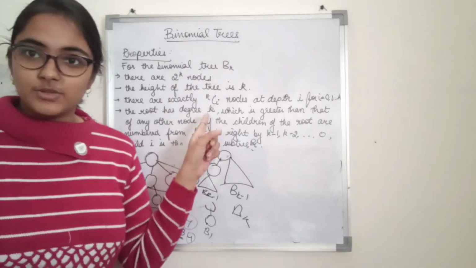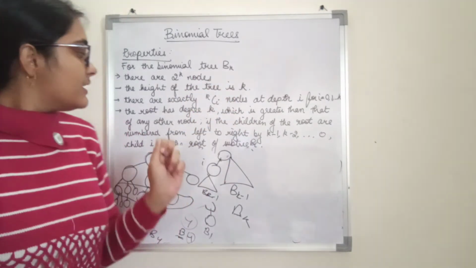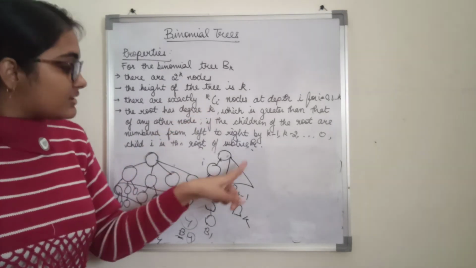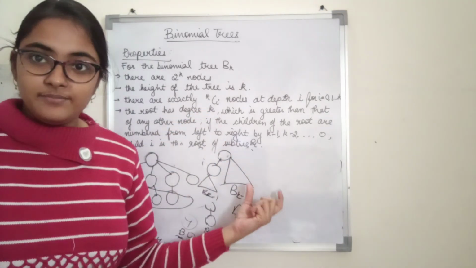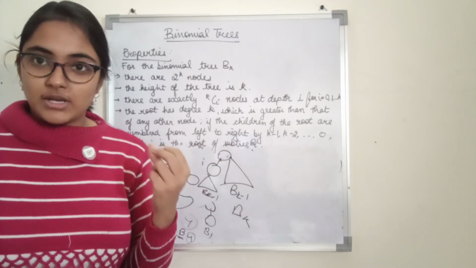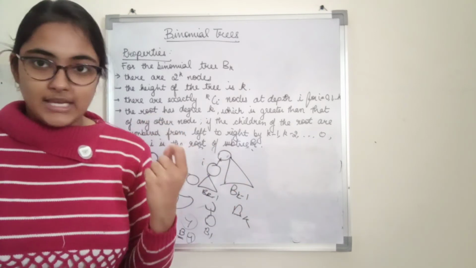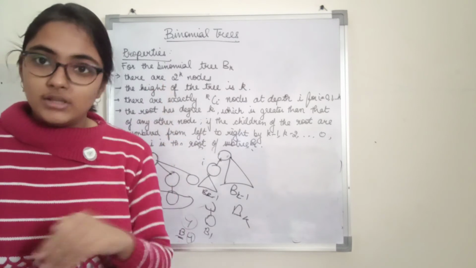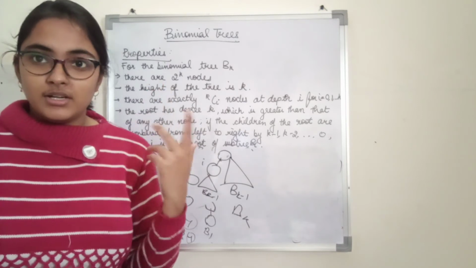So it means that the root of the subtree B(K-1) has degree K-1, which is greater than all the nodes in that particular tree.